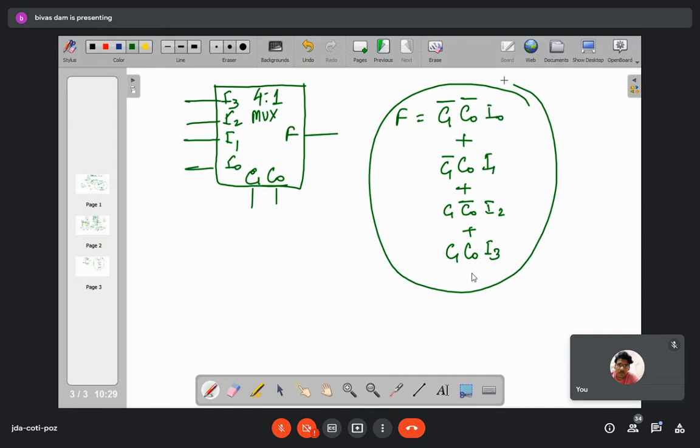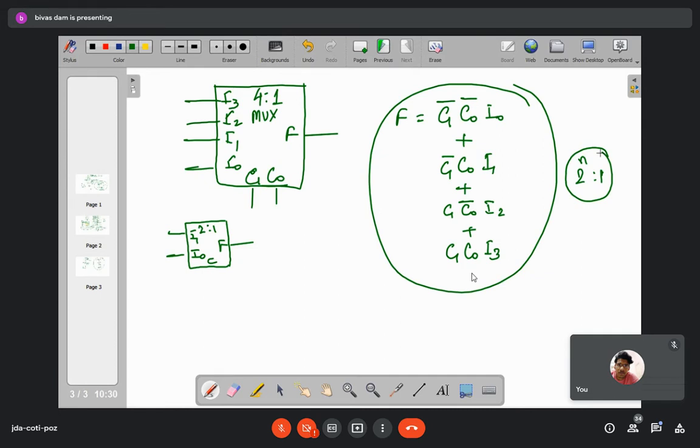Okay, so let us connect. Let us draw those 2 multiplexers. By the way, if I write one block which is 2:1, that normally by default implies it is one multiplexer.